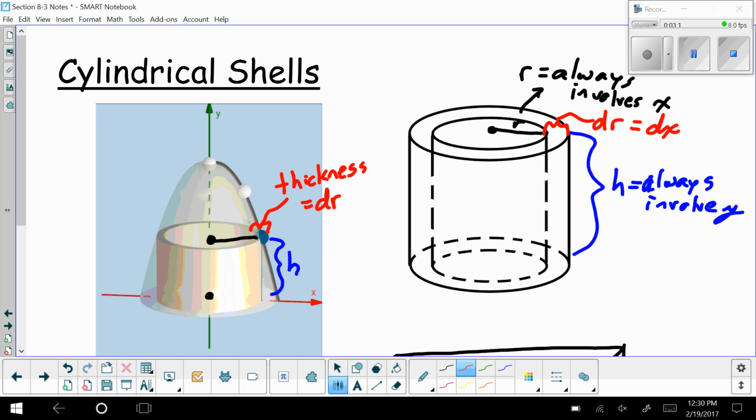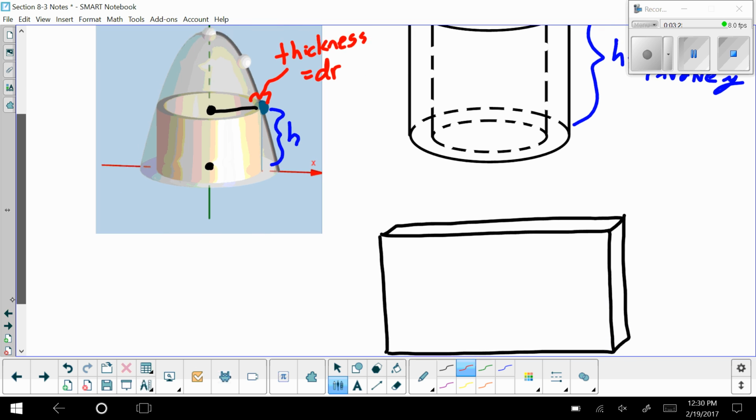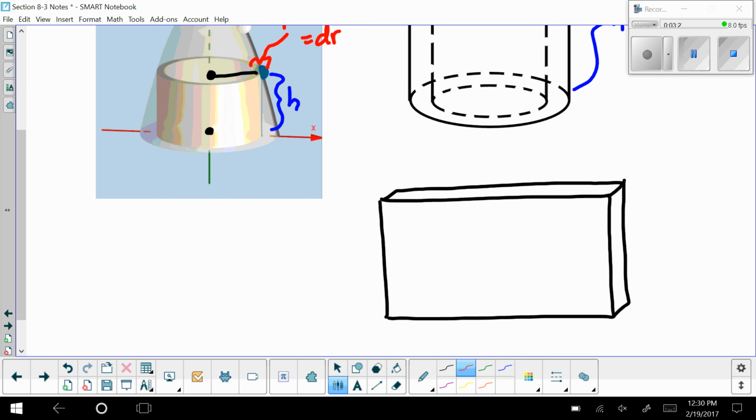Now, the idea is we find the volume of this one shell and then accumulate all of the shells. The way we find the volume of the shell is we cut it open, much like the label on a can, and roll it out flat to get a rectangular prism. For the rectangular prism, the thickness is dr, which we already said is going to be the same as dx. The height is the same, so we'll still have h for the height.